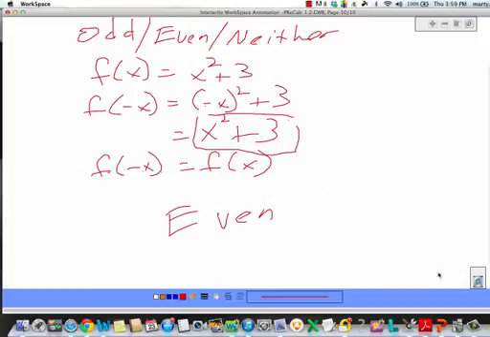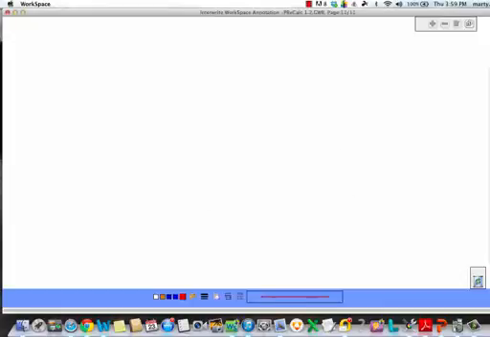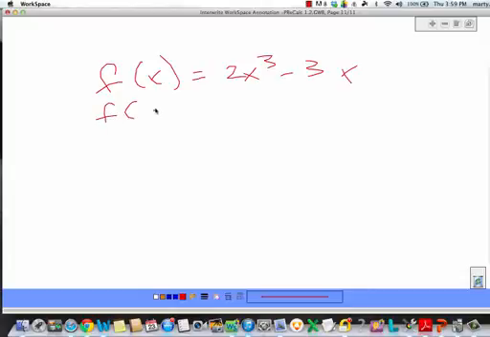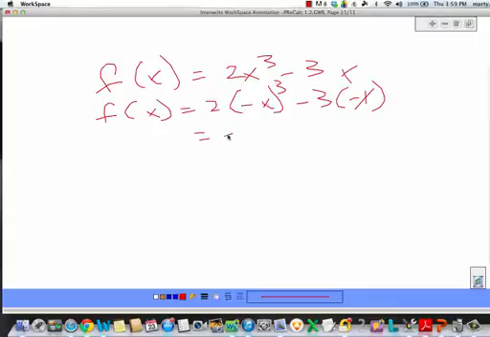Does it have something to do with an even exponent? You're darn right it does. If we took a look at another example, same thing, say f of x equals 2x cubed minus 3x, check to see if it's odd, even, or neither. Plug in a negative, and negative x to the third will give me a negative x to the third.